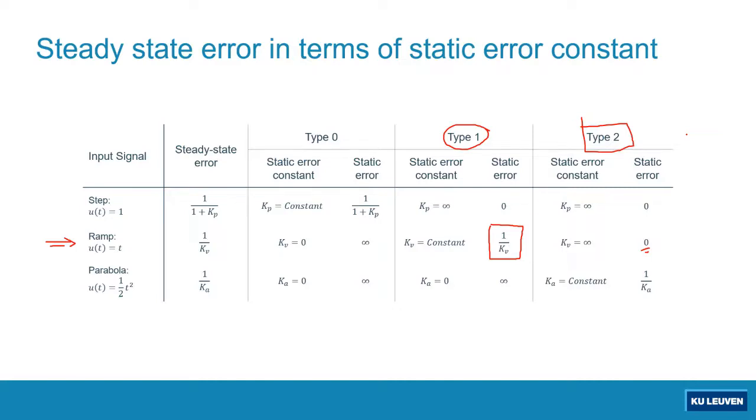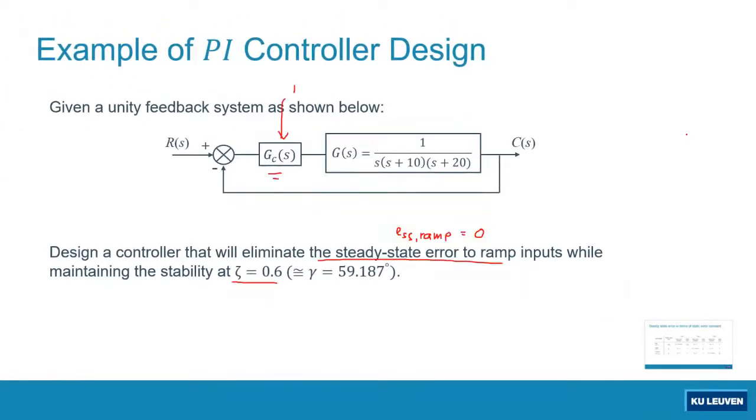So we can upgrade the type number from type 1 to type 2 in order to eliminate the steady state error because of the ramp input by introducing a PI controller. That's the main reason we are going to use a PI controller in our Gc here. So we choose a PI controller, and then with these two requirements, we will design the two parameters in our PI controller.